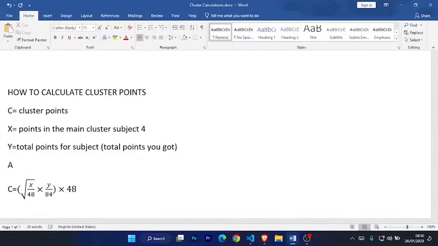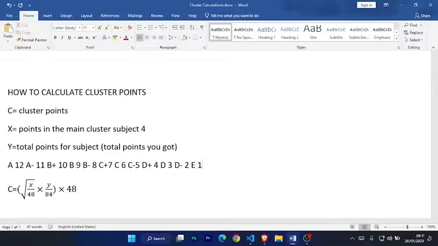So for A we have 12 points, A minus 11 points, B plus 10 points, B we have 9 points, B minus we have 8 points, C plus we have 7 points, C we have 6 points, C minus we have 5 points, then D plus we have 4 points, D we have 3 points, D minus we have 2 points, and E 1 point.